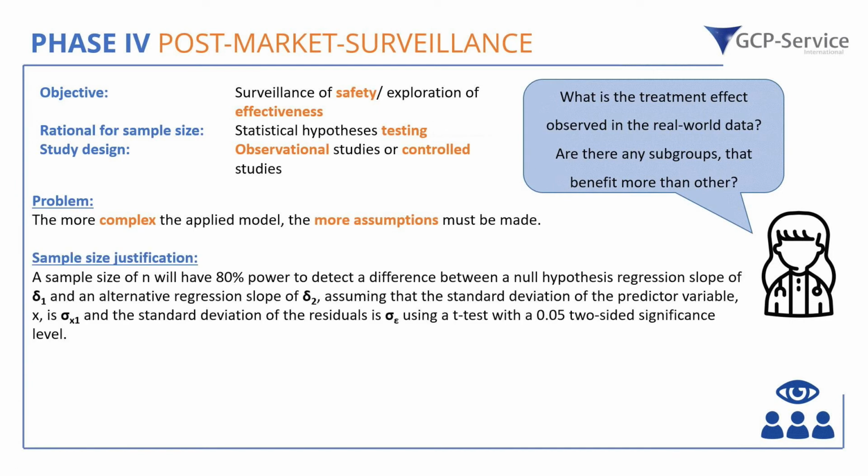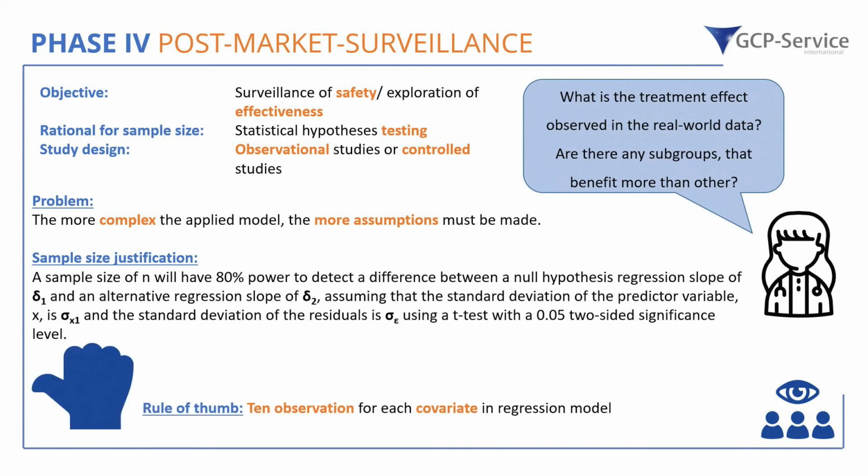we have more assumptions that we must make prior to the study. For example, when we have a linear regression here, and I just don't want to go into too much detail, but what we see is that we need to make assumptions about 1, 2, 3, 4 parameters, and 2 of them are standard deviations, which is very difficult to make a good assumption about.